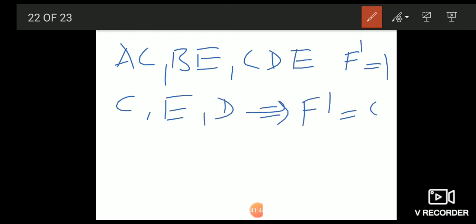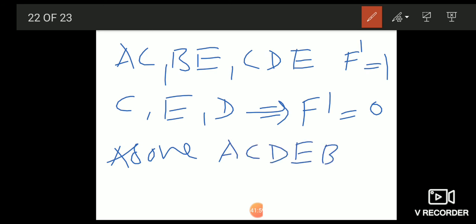And we have the area above the curve A, C, D, E, B. Above the curve, everything is present as melt.